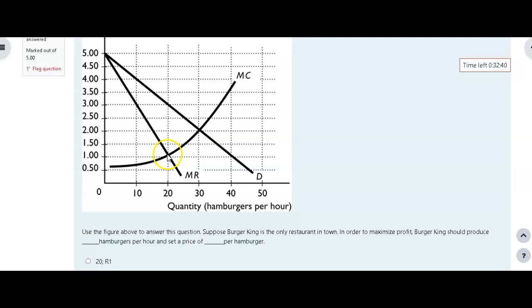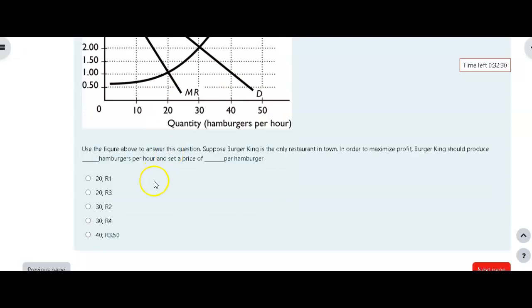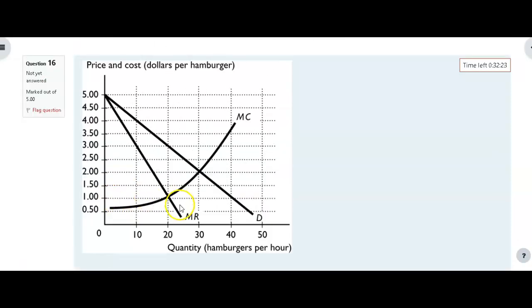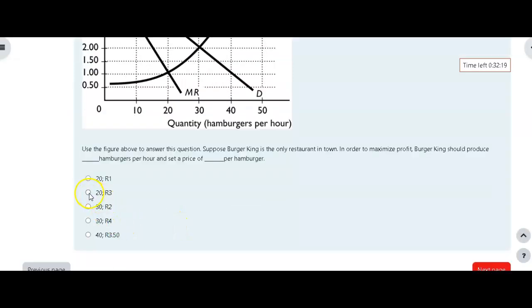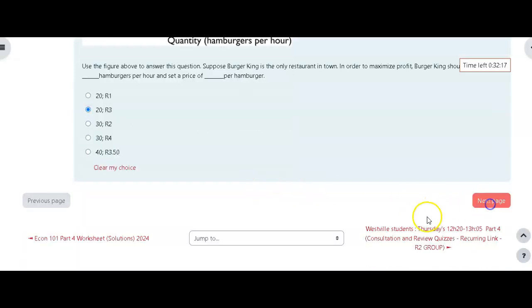Straight away when you go over here, you hit the top of the demand curve. And this is your point. So over here, it's 3 Rand and you're making 20 burgers. So the firm should produce 20 for 3 Rand. Perfect. So that's how you work on maximization.